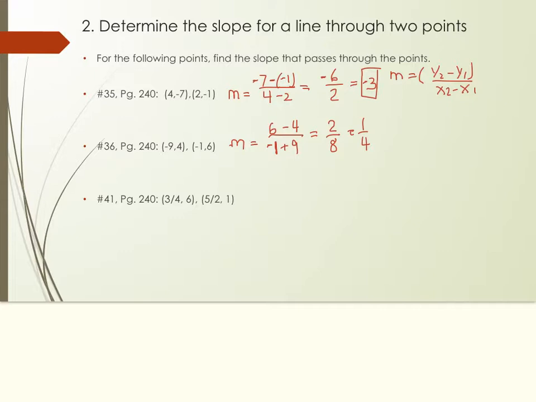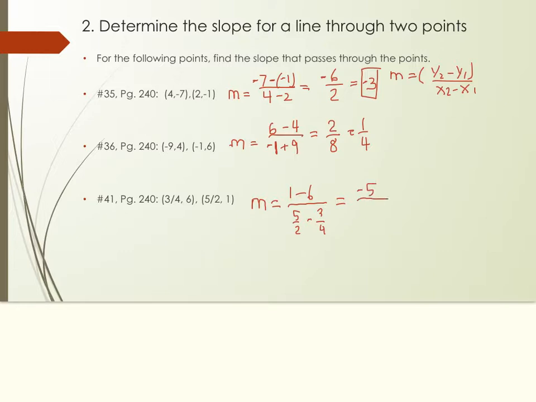Okay, so this one is with fractions, and of course everybody loves fractions. So we're going to try this one. M is equal to 1 minus 6 divided by 5 halves minus 3/4. Right? Well, this is kind of ugly, so we're going to do some manipulation here. We know on top we have a minus 5, right?